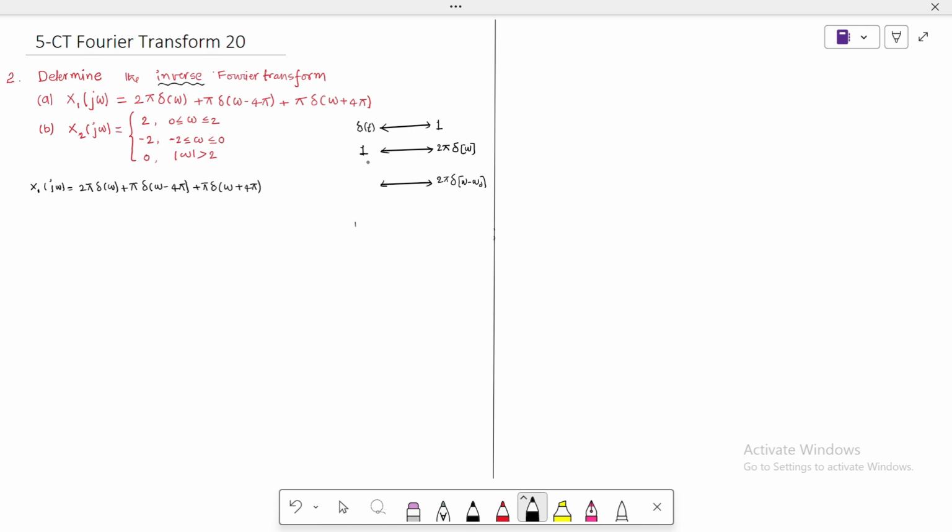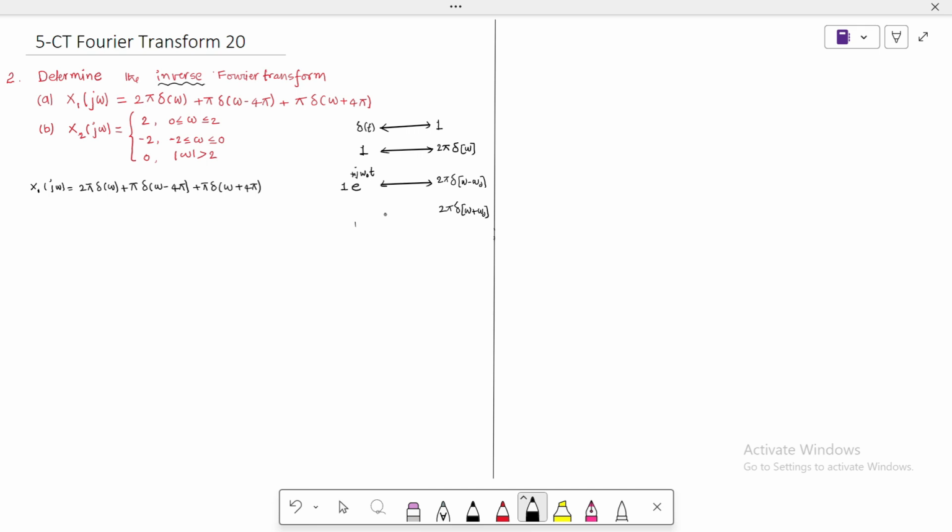For that, the 1 must be multiplied by the exponential, equal to, here, this minus. So here the plus will become e power plus j omega naught into t, for the 2 pi into delta of omega plus omega naught.